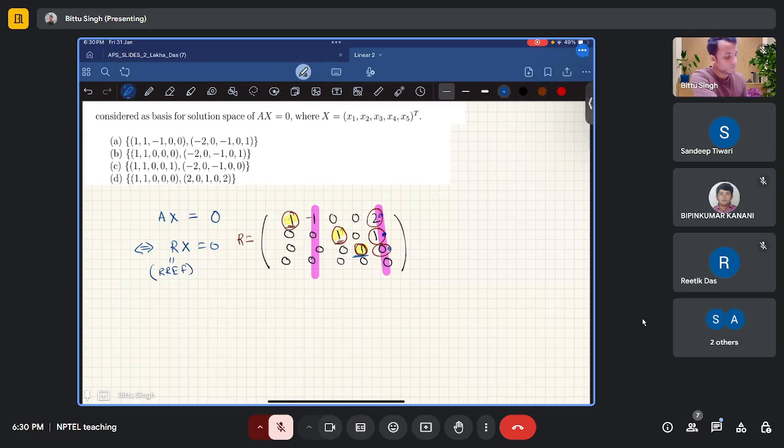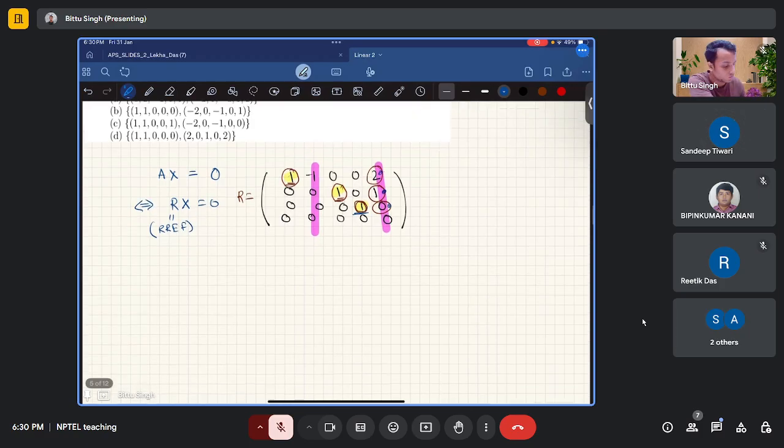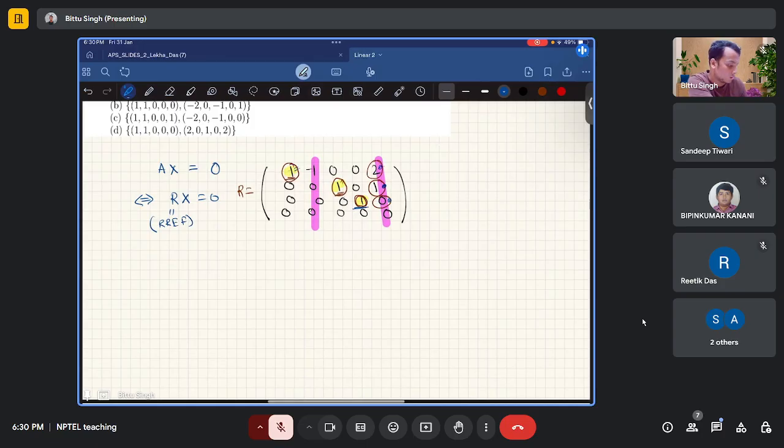Pivot means the non-zero leading entry, which is 1. So this is the pivot in column 1, this is in column 2, this is in column 3. The leading ones appearing in each row are called pivots. So the corresponding pivot columns are C1, C3 and C4. Those columns are pivot columns, and the rest are actually free columns.